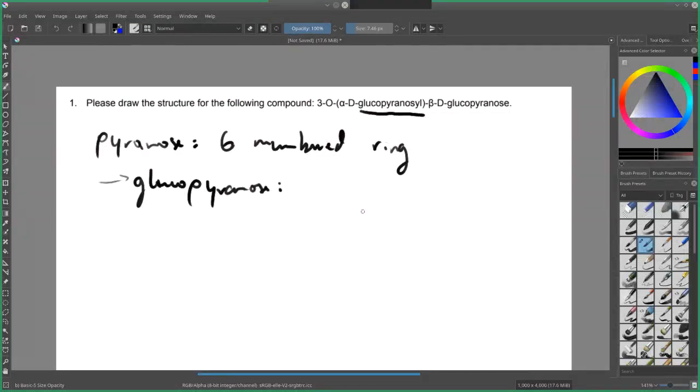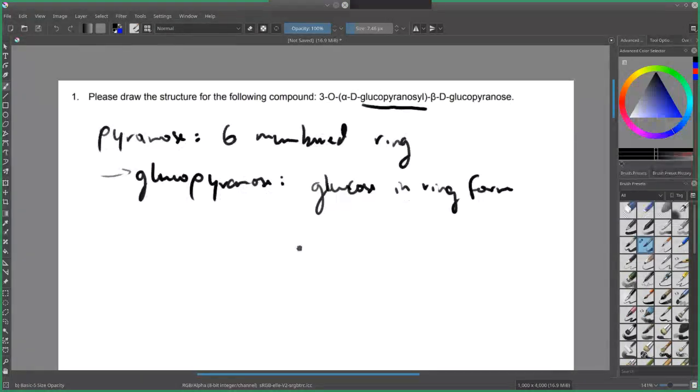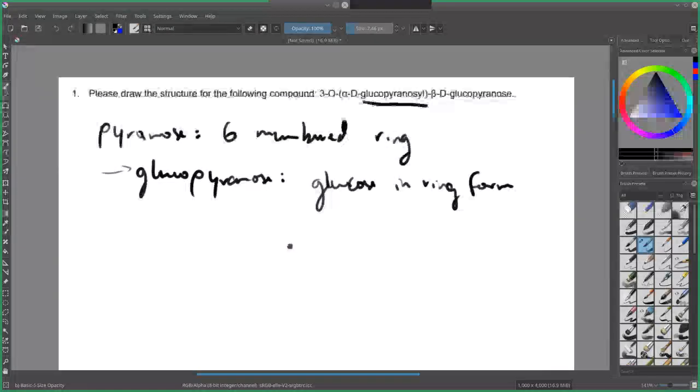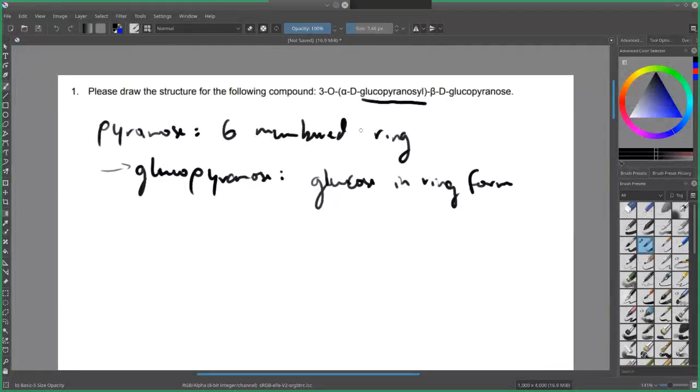Glucopyranose is just, we're just drawing a glucose. It's in its ring form, which is the relevant form of glucose. And we want D-glucose for both of them, which is just what we drew.